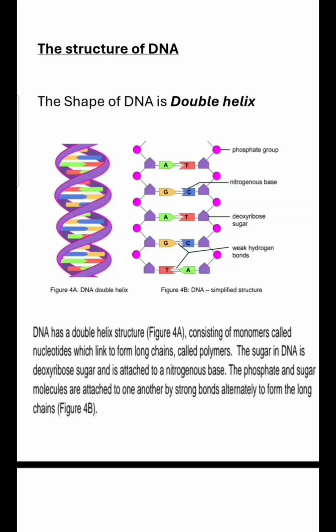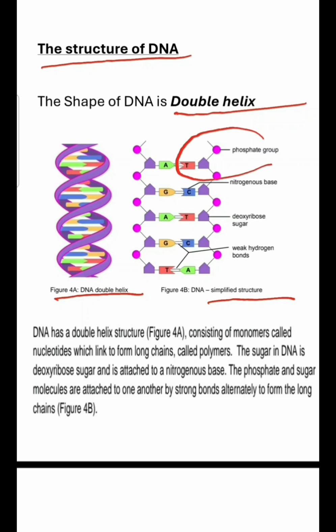We are going to learn about the structure of DNA. The shape of the DNA is called a double helix. It looks like this: the DNA double helix has two strands that are twisted together. This is the more simplified structure, right? You can see that there are nucleotides here. This one is a nucleotide.